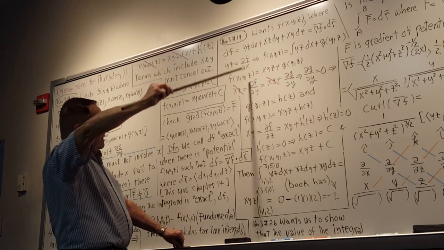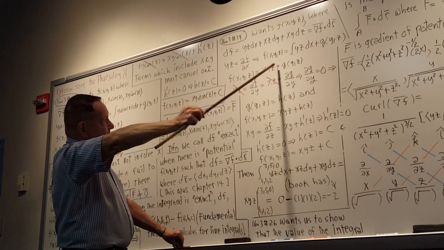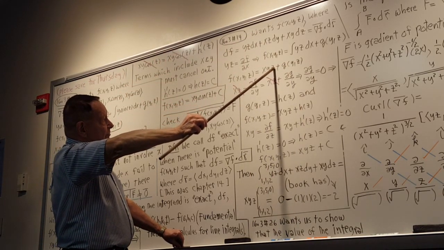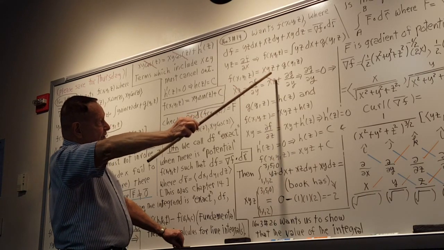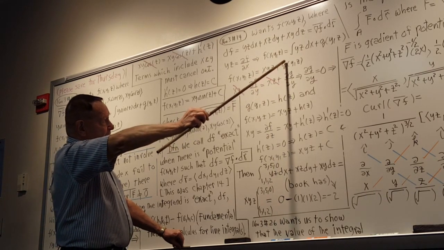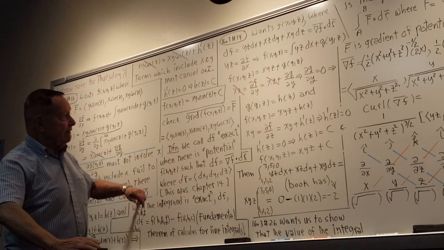So this xz is that one, and then when I do the partial with y, the xz here is this one, and then partial of g with y.